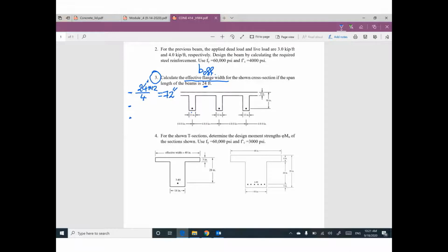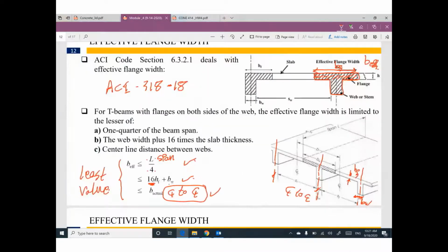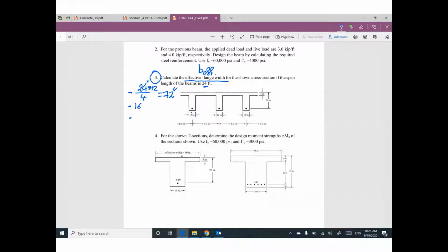Second condition, or second value: 16 H flange plus B web. 16, what is the thickness of this slab or this flange? 4. Plus B web.